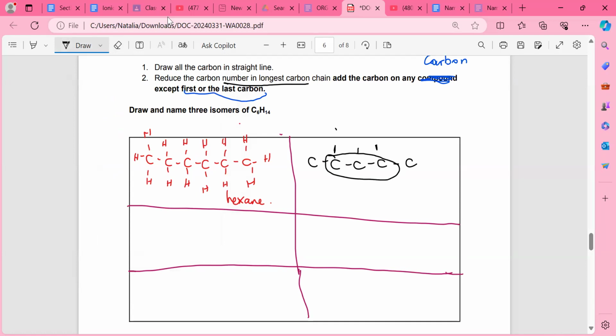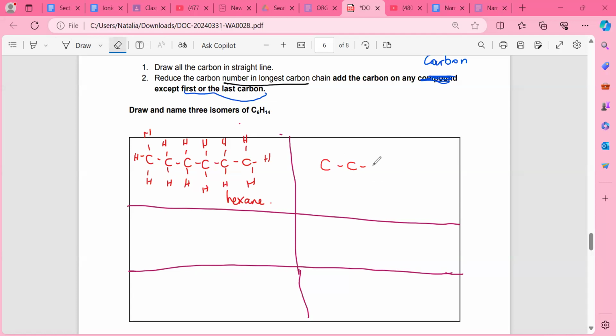So my carbon can go here or here. For this isomer, I'm going to choose to put it on the second carbon. Clear?